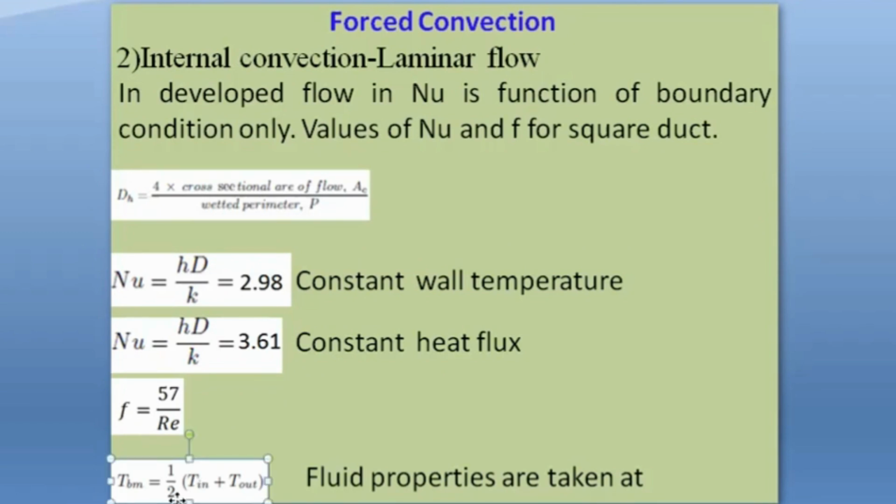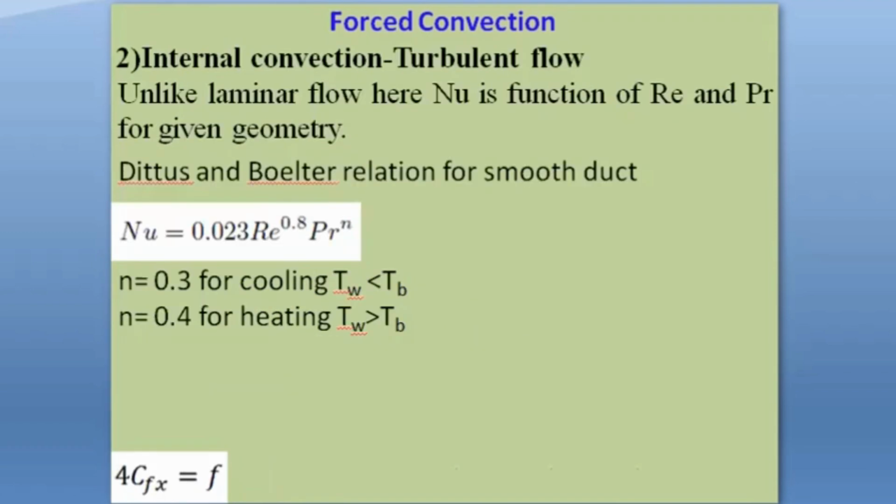Now, when we calculate the properties, we have to use what? Bulk temperature. We take the average of inlet and outlet temperature. Now, when we deal with laminar flow, it is very, very easy for heat transfer and fluid flow.